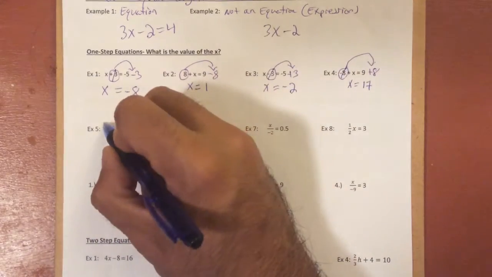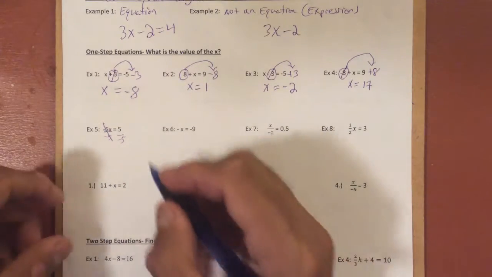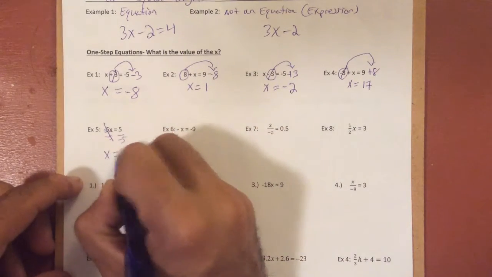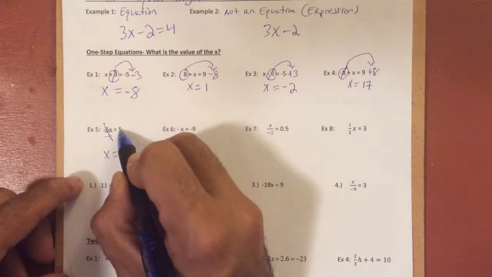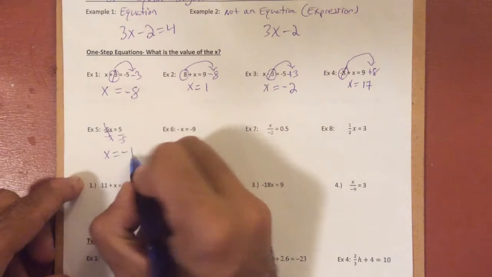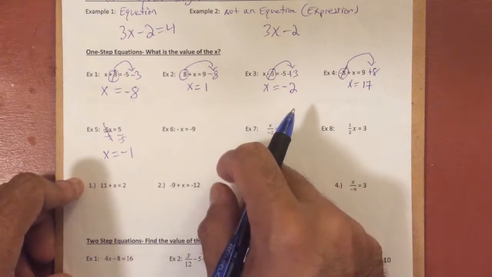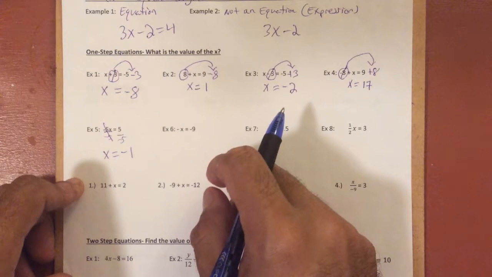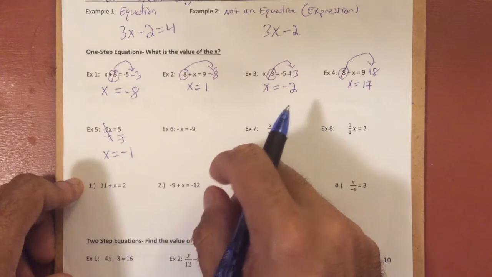So when I do that, these negative 5s go away, and I'm left with x equals 5 divided by negative 5, which is a negative 1. Okay? So remember, you always want to do the opposite of the operation when you're moving these numbers over.